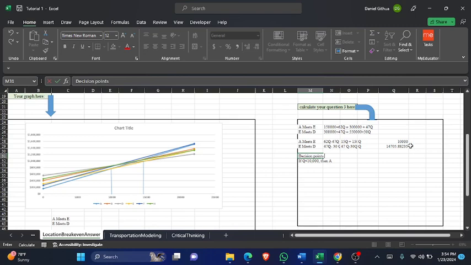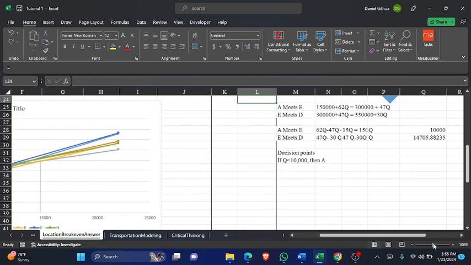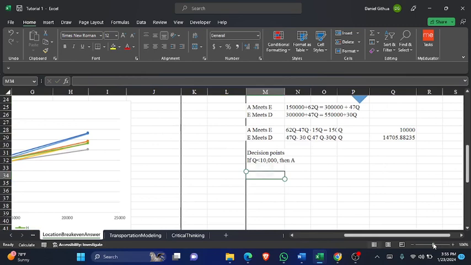Let's enlarge this one, at least for them to be visible. Yeah, like that. So that is our first decision.